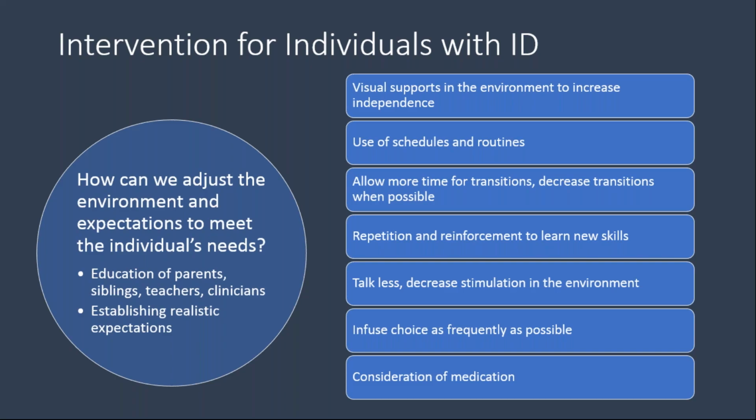In general, it's important that we work to decrease the stimulation in the environment of someone with an intellectual disability. So for example, when we're having behavioral difficulties, if someone's acting out or is upset or anxious, it's typically helpful to talk less and think about how we can actually decrease the stimulation around that person, give them a chance to take a break, to calm down without talking or adding lots of people around them, which is a common response when we want to help.